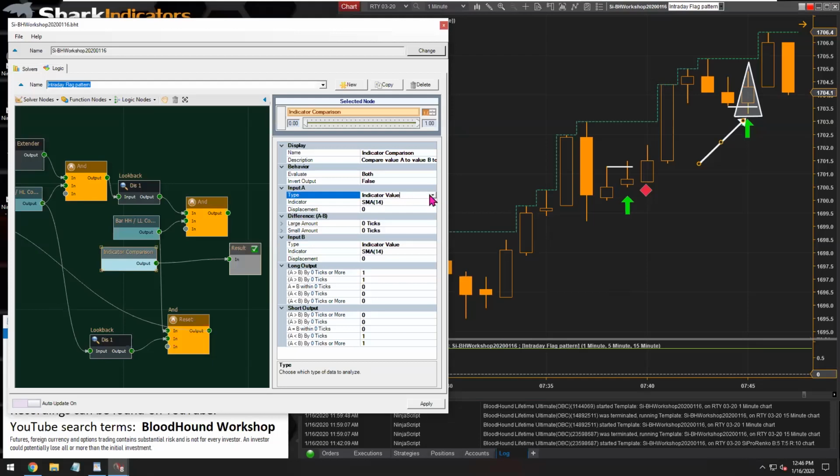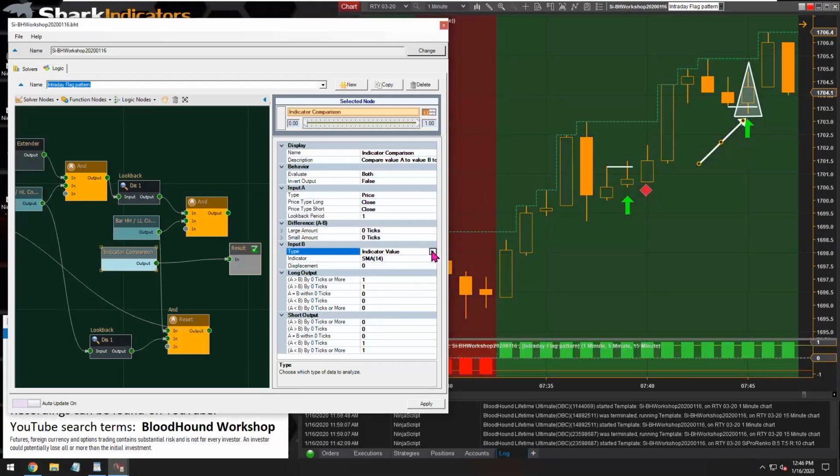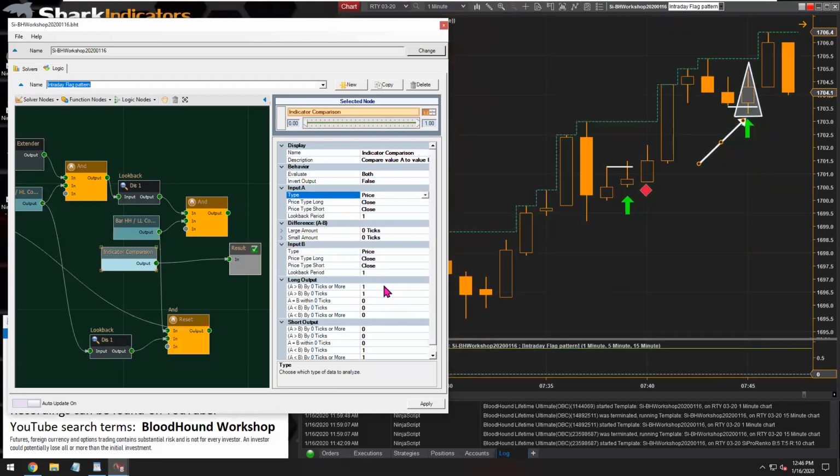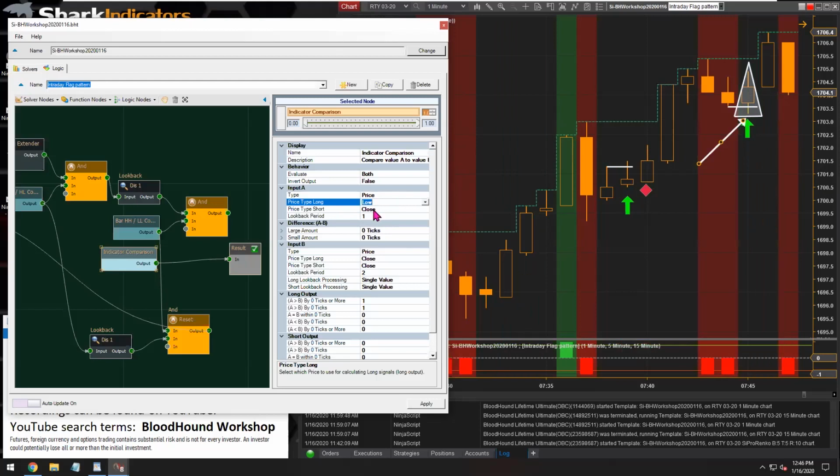Input A is going to be price, input B is going to be price, and of course input B is going to be the previous bar, so we use a look back period of 2 to look at the previous bar's price. This time for a long pattern, we're looking at the low price of the bar, so we're basically reversing these prices.